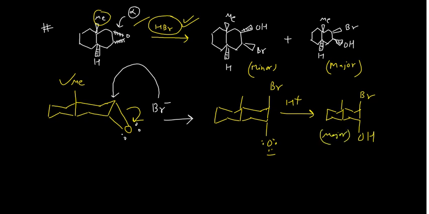Okay. How can you draw the minor product? So for the minor product you attack from this position. So this will get up, and when this attacks from here, this Br will go up. Since this is the bottom side, right? So Br will attack from somewhere here. So it is at the bottom, so in the attack it will go up.